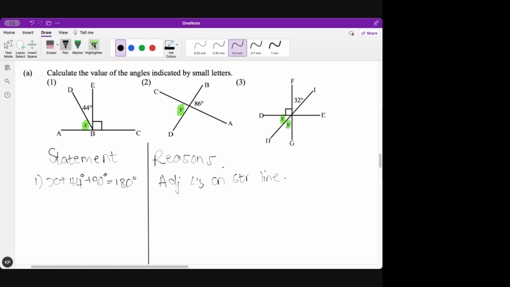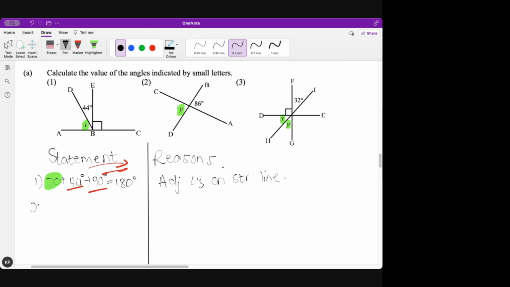How do we get x on its own, seeing that we are solving for x over here? What is my next step going to be? I have to get rid of this 44 and this 90. Okay, so I'm going to take them over to the other side. What happens when you use your inverse operation?